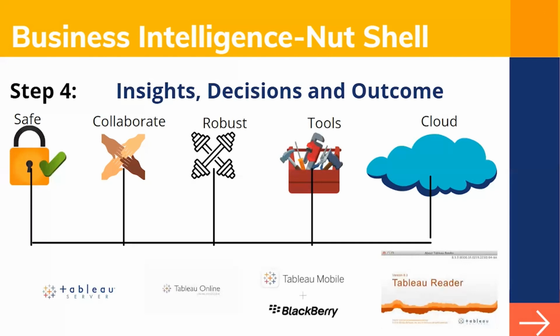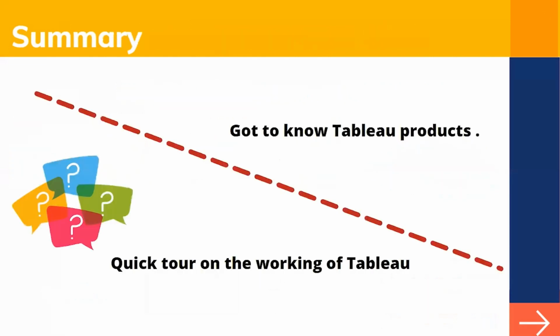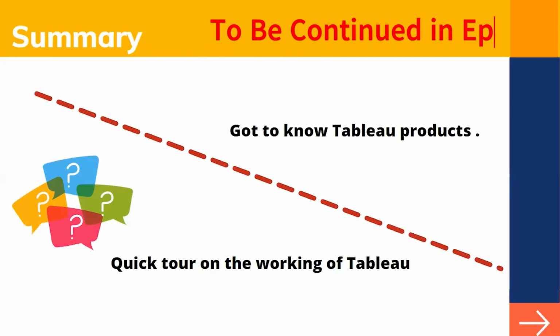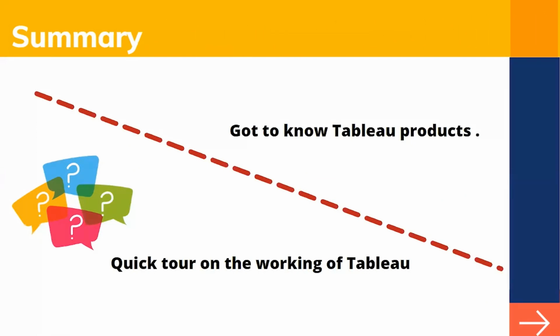The whole process is supported well by the product suite available in Tableau. So we just got to know about Tableau's products. The next session could be a quick tour on the working of Tableau. That's all I have for this session. Hope you understood the basics of Tableau.